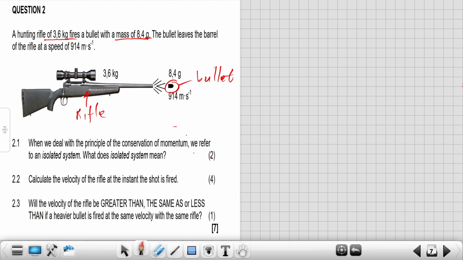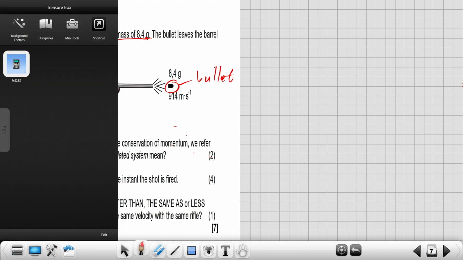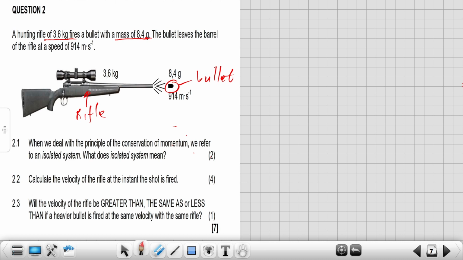So how do I do that? Let me get my calculator. I have 8.4 divided by 1,000 is equal to 8.4 multiplied by 10 to minus 3. So I'm going to have 8.4 multiplied by 10 to minus 3 kg.